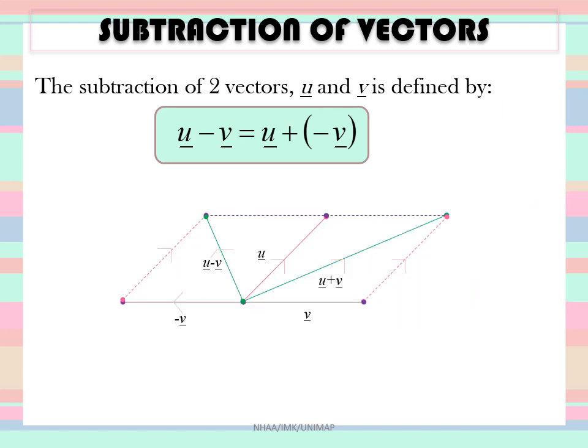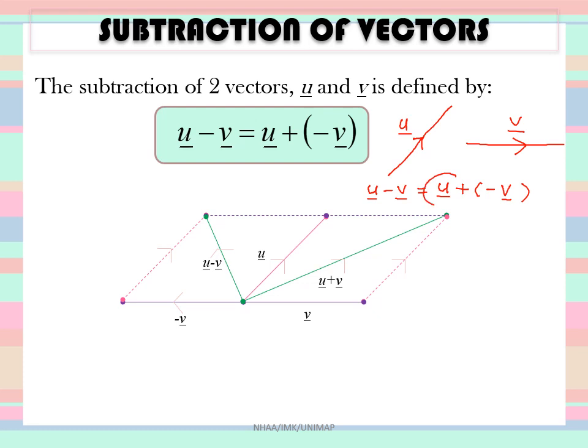Okay, now I will show you how to draw the resulting vector for the subtraction of two vectors. Let's say you have vector u in this direction, and vector v in this direction. Okay, this is vector v, right? And you were asked to find the subtraction of vector u minus vector v, and we know this subtraction equals vector u plus the negative of vector v.